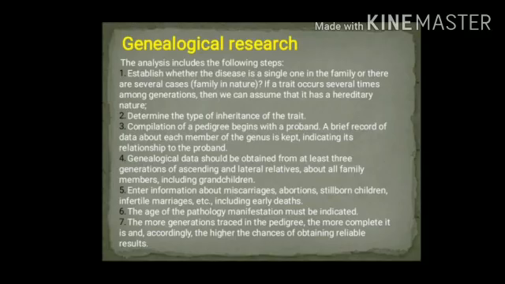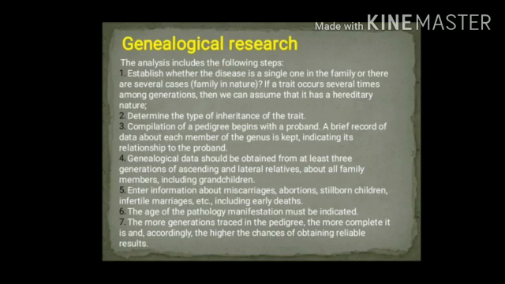The second, determine the type of inheritance of the trait. Next, compilation of a pedigree begins with a proband. A brief record of data about each member of the family is kept, indicating their relationship to the proband.